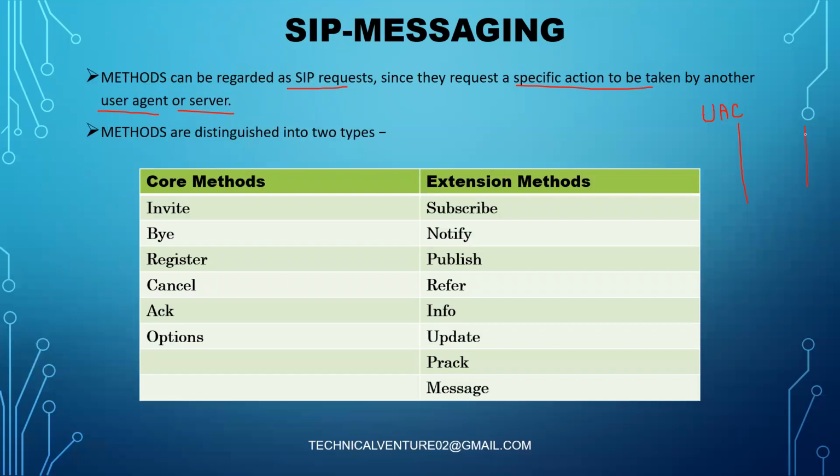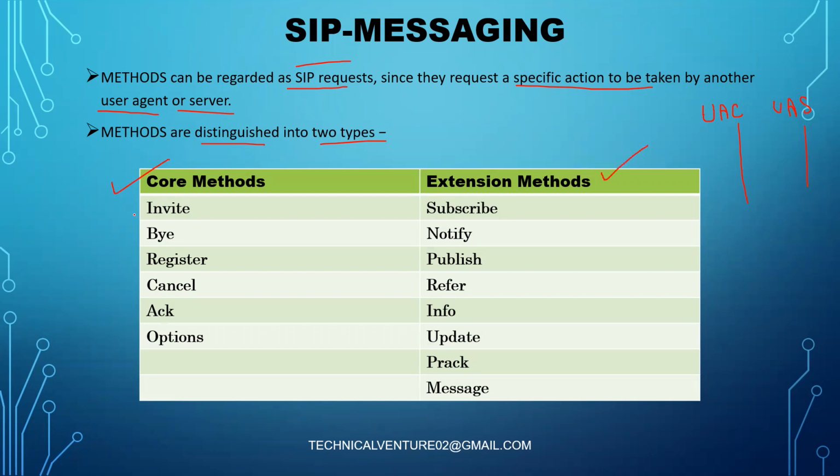We call both parties user agents, but the one who initiates the request is the user agent client, and the other one is the user agent server. Methods are distinguished into two types: core methods as well as extension methods.